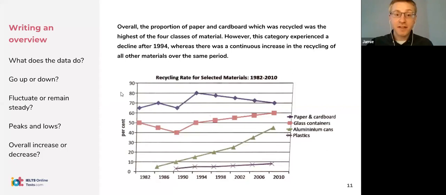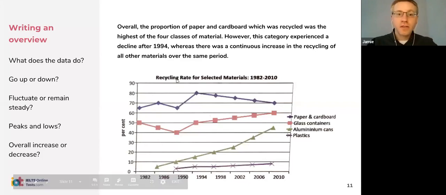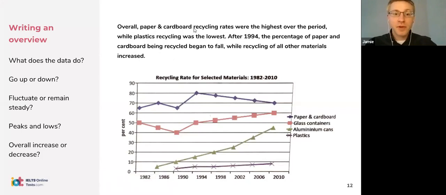Rifvadi, you've mentioned plastics have the least as well. And yeah, I agree. That is another key feature, actually. You're interested in the most and the least. So, and I've highlighted that in a second example here, which is overall paper and cardboard recycling rates were the highest over the period, while plastics recycling was the lowest.